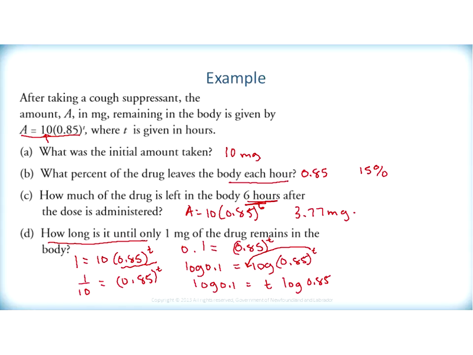And so since we're solving for t, we would now have log 0.1 divided by log 0.85, which will give us t. And we get 14.16 equals t. So only 1 milligram of the drug will remain after 14.16 hours.